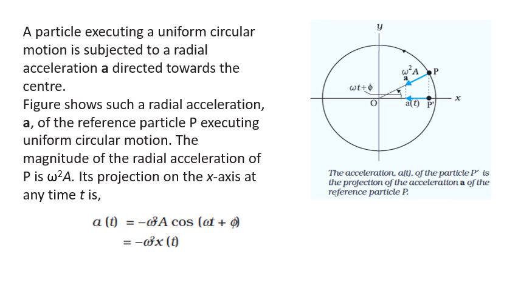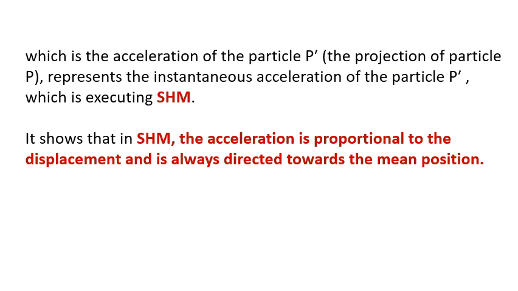As shown in the figure, for such a radial acceleration a of the reference particle P executing uniform circular motion, the magnitude of this radial acceleration is omega square A. Its projection on the x-axis at any time will be given by minus omega square A cos(omega t plus phi), or in terms of the displacement relation, minus omega square x(t). It shows that in simple harmonic motion, the acceleration is proportional to the displacement and is always directed towards the mean position.